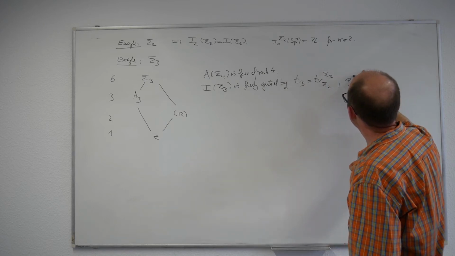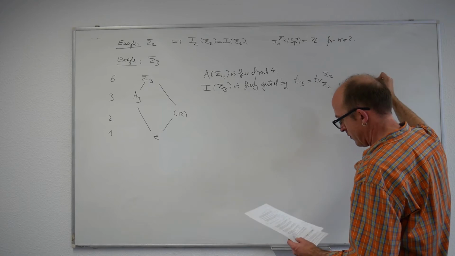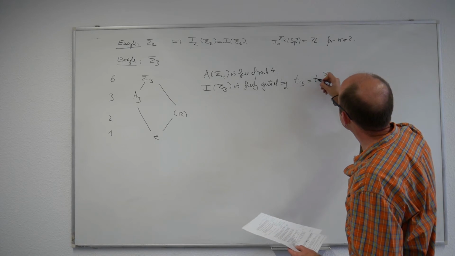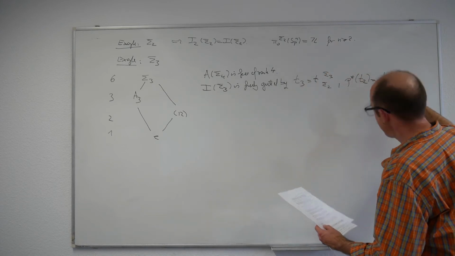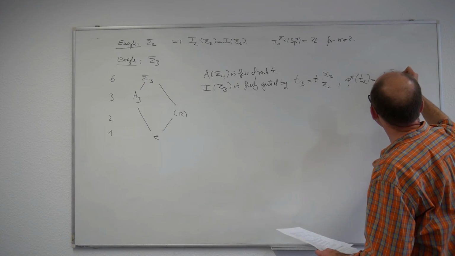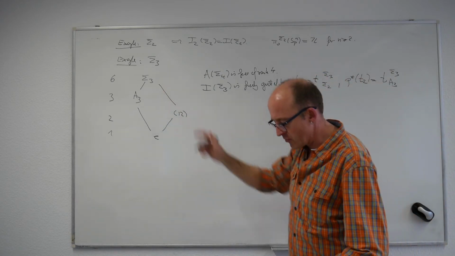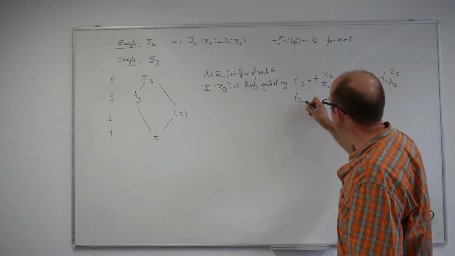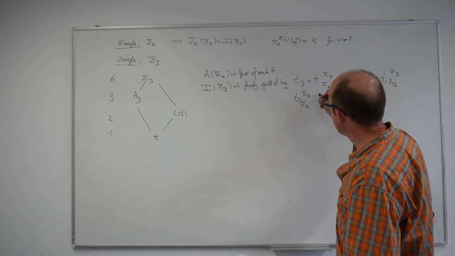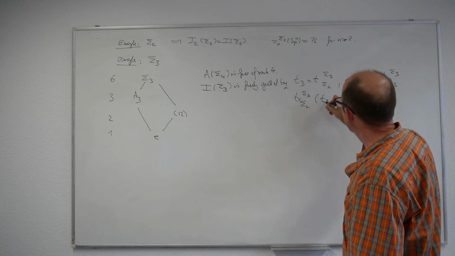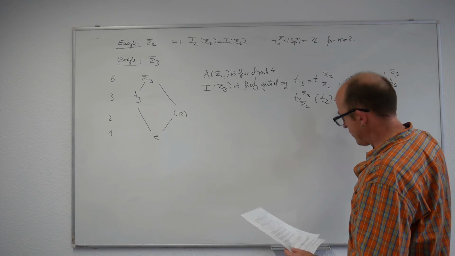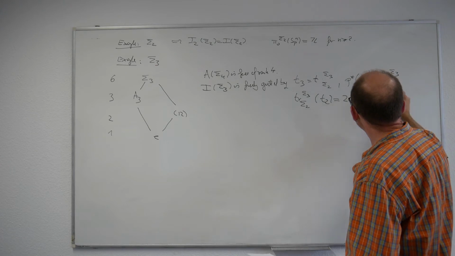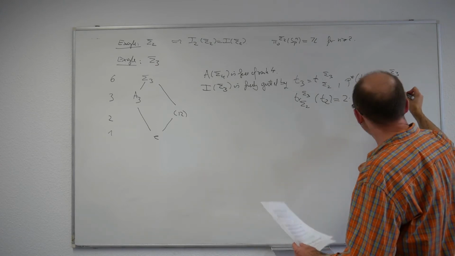Then the element that I call P upper star of T2, which is T, sorry, this is not transfer, this is T from A3 to sigma 3, and then we would also have T from the trivial group to sigma 3, but it's convenient to use instead a different generator, namely the transfer from sigma 2 to sigma 3 of the class T2, and if you expand the definition, this will be 2 times T of sigma 2 sigma 3 minus T of E sigma 3.